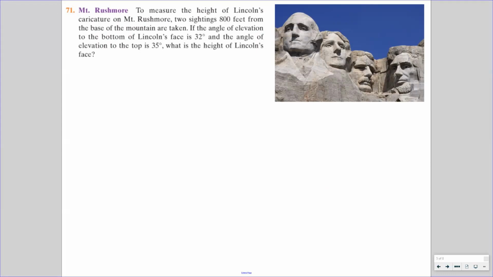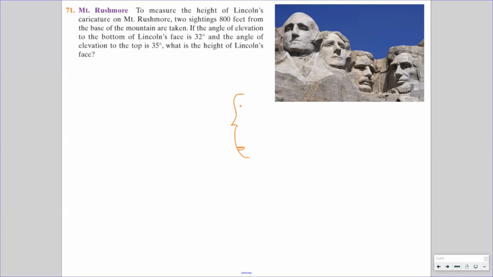Okay, so let's draw a diagram first, and then see how that's going to help us solve this problem. So first thing I'm going to do, we are trying to measure the face of Abraham Lincoln on Mount Rushmore. Okay, there you go. I'm definitely not an artist here, you guys.